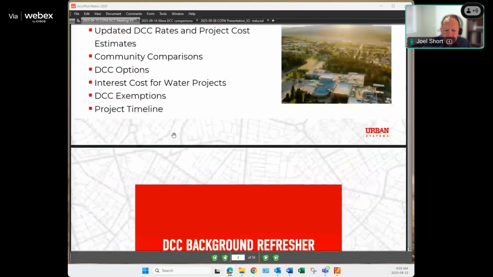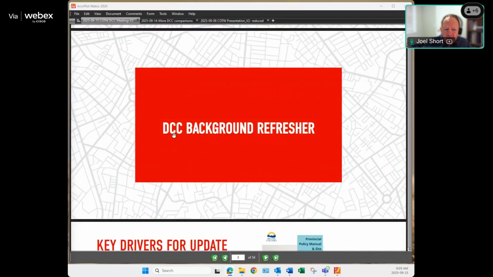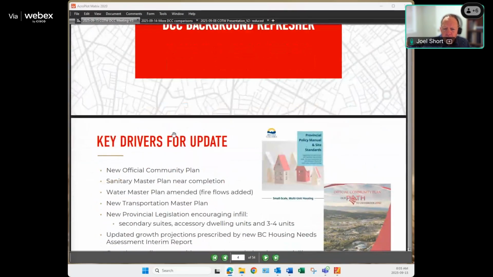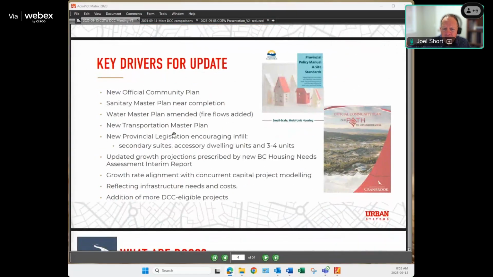So in terms of a bit of a background refresher, I'd like to talk a little bit about the key drivers for the update. Some of the key drivers are that there's a new official community plan that we need to respect and implement. There's a sanitary master plan that's nearing completion. A water master plan has been amended to add fire flows.